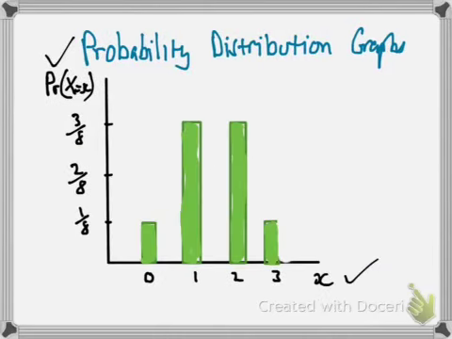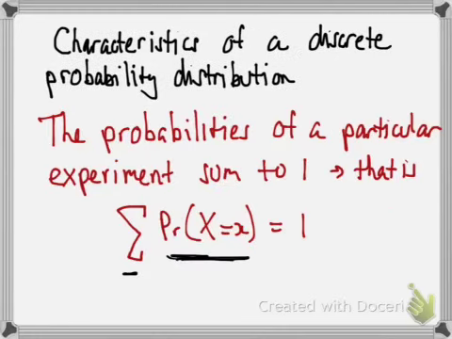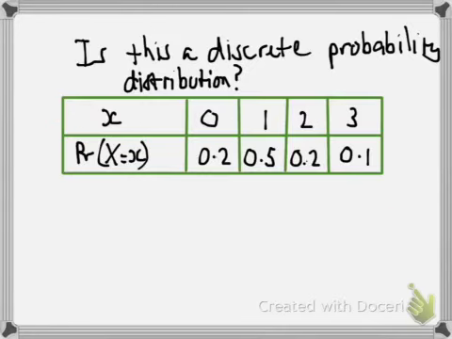So they're the 2 basic characteristics of a discrete, and we've defined that word, outcomes that can be counted, probability distribution, so that's the table with all the different probabilities. The 2 things are: the probabilities must be between 0 and 1, and they must add up to 1. So, is that a discrete probability distribution?